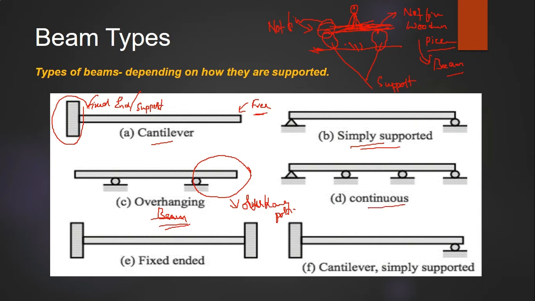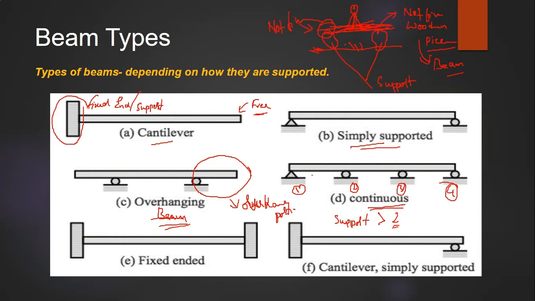So what is a continuous beam? A continuous beam is a beam which has more than two supports. See here, one, two, three, four supports.